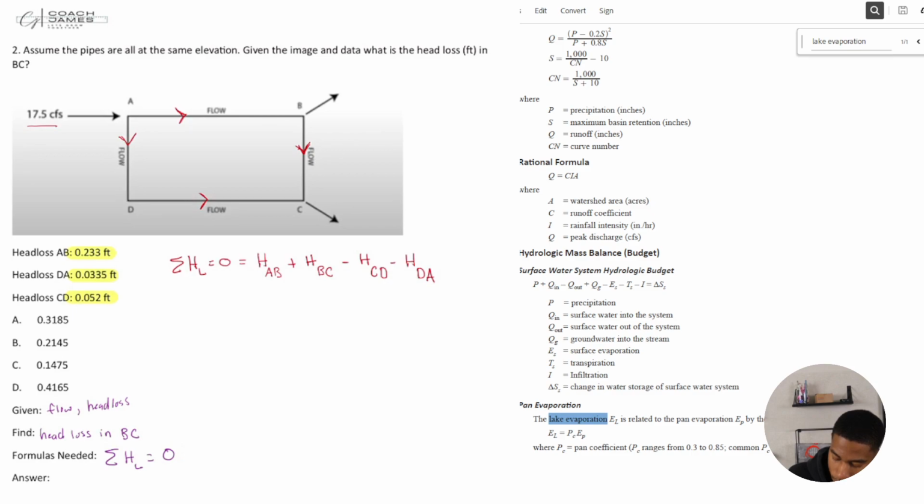Now let's put these into actual play to get our variable that we need, which is going to be the head loss in BC. All right.